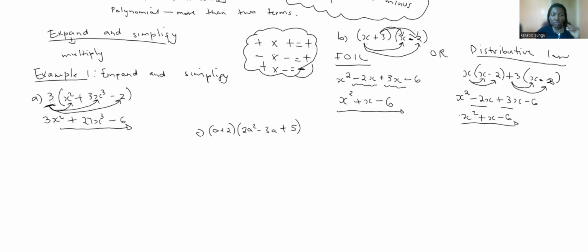Okay, so you can choose any bracket that you want to distribute as long as you don't forget a term to distribute. Okay, so here I'm choosing to distribute a plus 2. You can also distribute this one, the trinomial, as long as you don't forget to distribute your 5. Okay, so I'm distributing this one and I'm keeping this one.